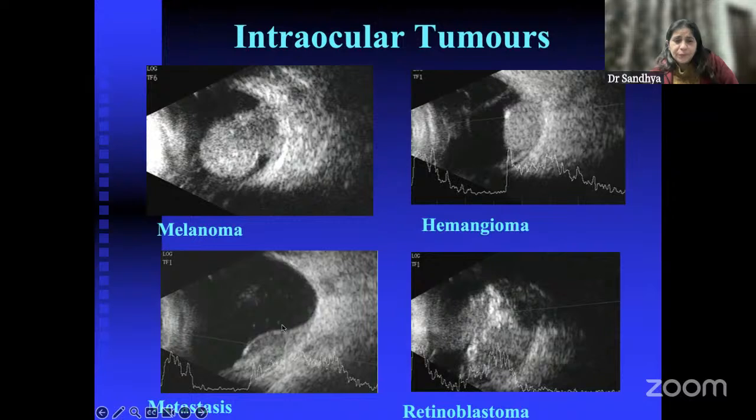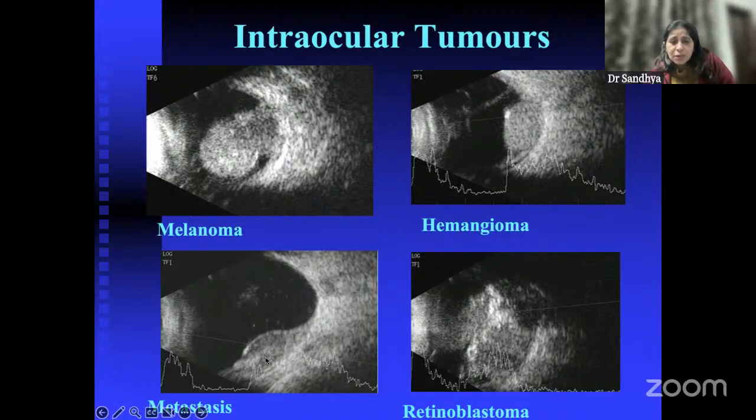And the bottom left one is a metastasis. This is how we see metastasis, because normally we see metastasis much more peripherally, not towards the posterior pole. And we may see them at multiple points, like one metastatic lesion here, one maybe somewhere else. So we have to note down these areas, which quadrant, where we are seeing it, what is the extent, what is the size.